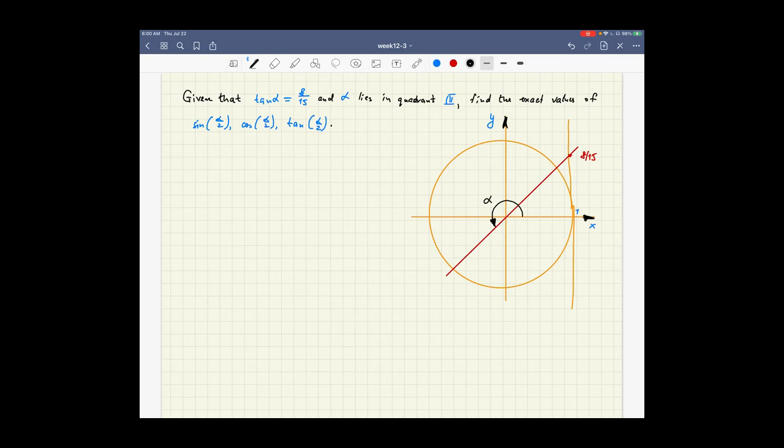So before we find sine, cosine, and tangent of the half argument, maybe we should first find sine and cosine of the single argument of just alpha.